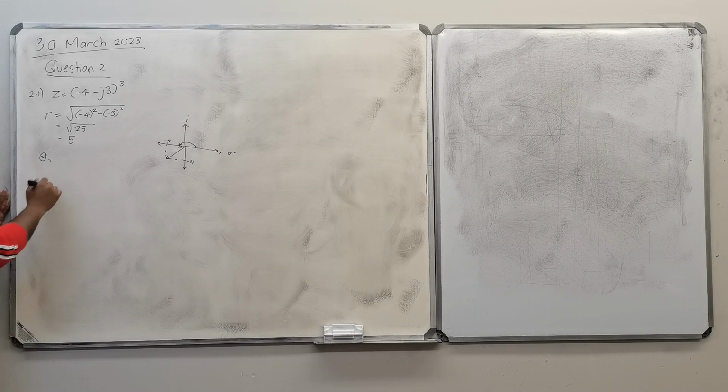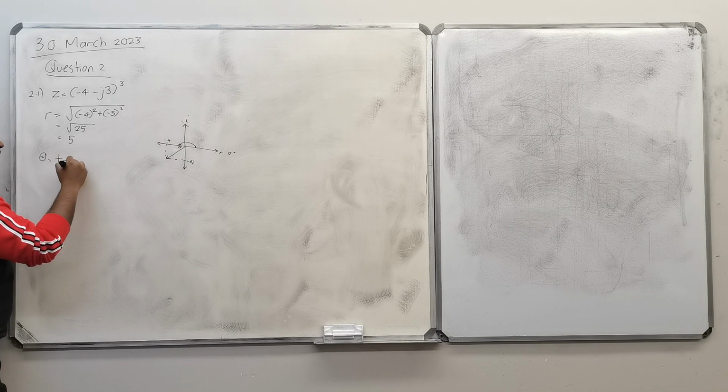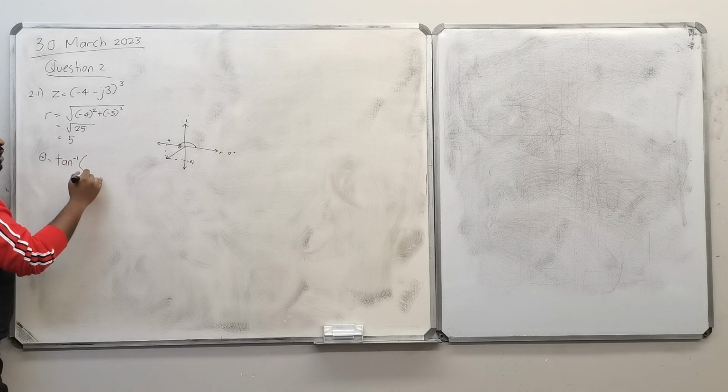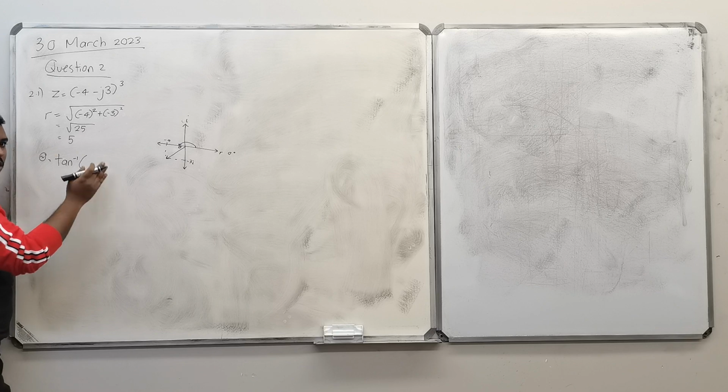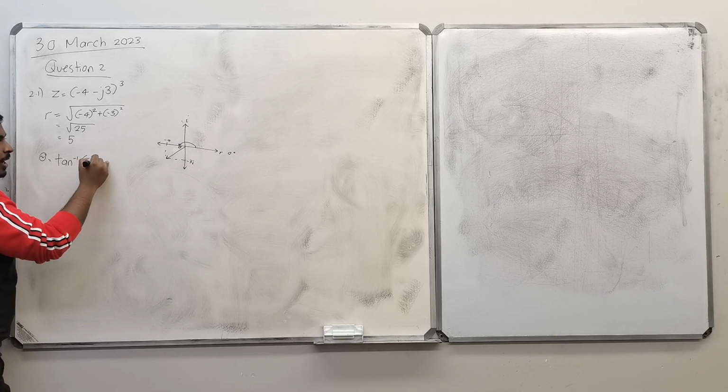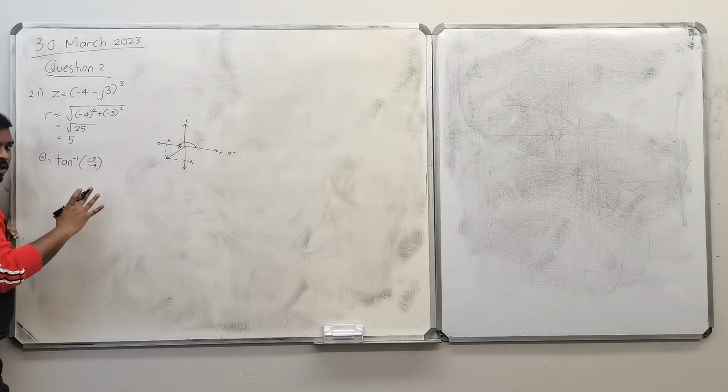Okay, so here firstly, it's going to be tan inverse of your imaginary part over the real part, or your y-axis over your x-axis. So it's going to be minus 3 over minus 4. All with me? Yes.